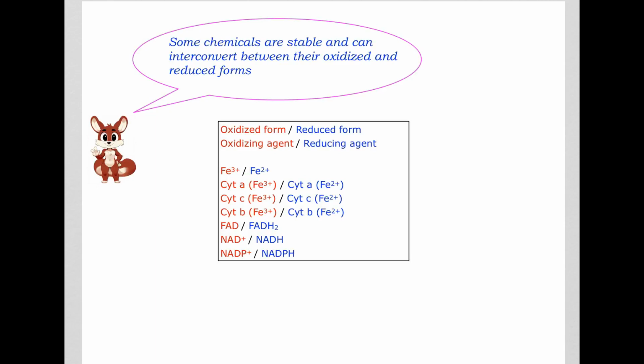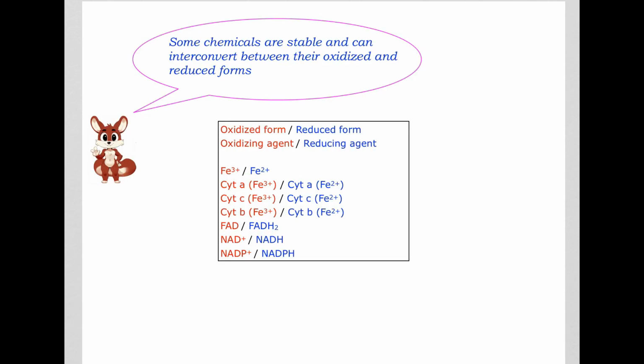In the human body, we do find chemicals that are stable in their oxidized form or their reduced form. So for example, iron, which is a transition metal, can be found as its oxidized form, Fe3+, or ferric, or its reduced form, Fe2+, or ferrous.